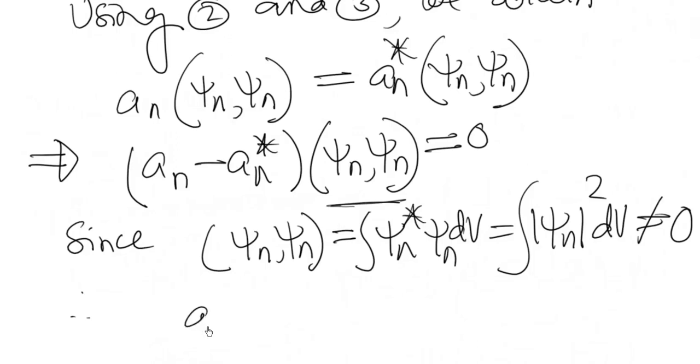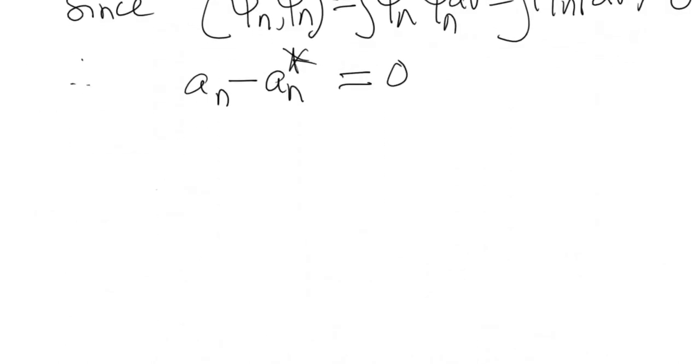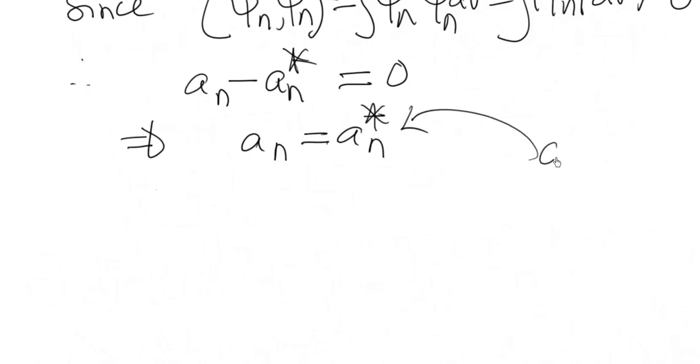Therefore, this equal to zero, which shows that a n equal to a n star. Star asterisk means complex conjugate, you know.